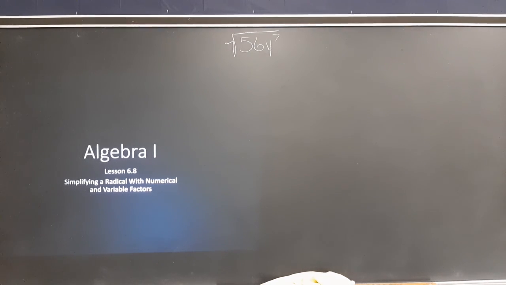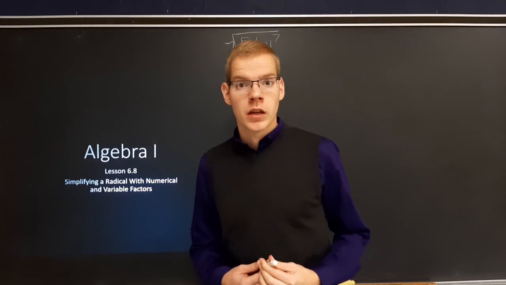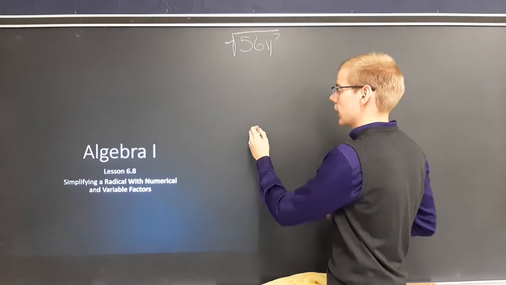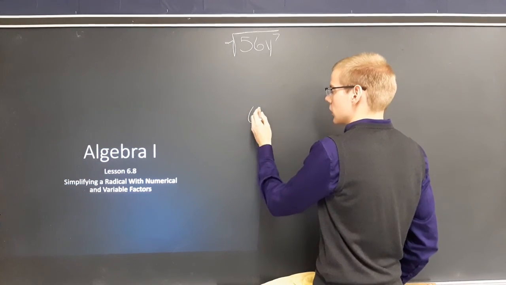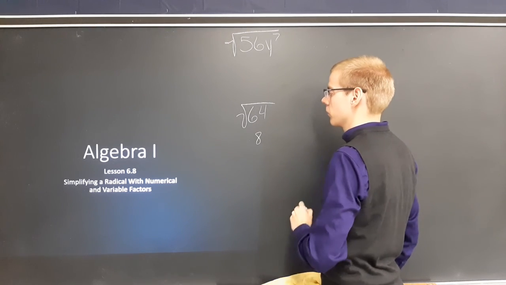Algebra Lesson 8, Simplifying a Radical with Numerical and Variable Factors. So far we know how to simplify, let's say, the square root of 64, which is just 8.